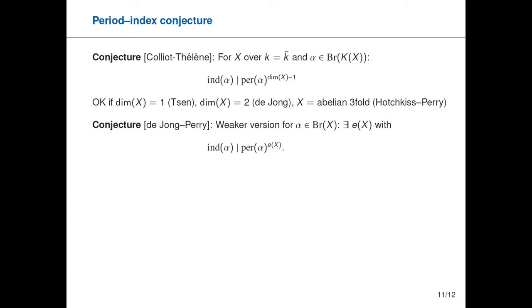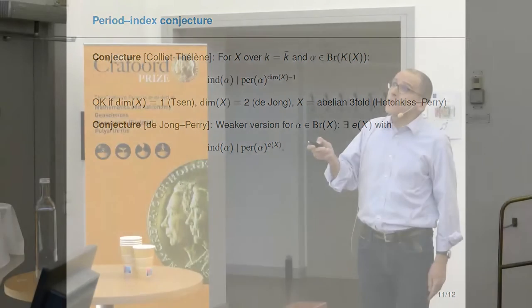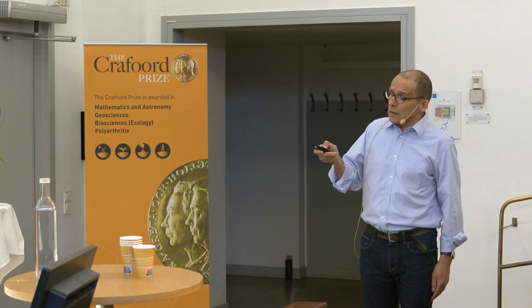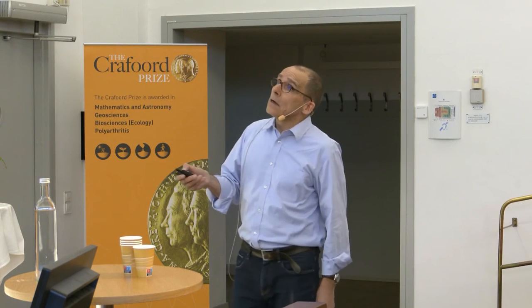De Jong and Perry, 2 years ago, they posted a weaker version actually of the conjecture that is essentially the same conjecture, now only for geometric, so unramified Brauer classes, and the exponent is not as explicit. And even this is a complicated, difficult question.